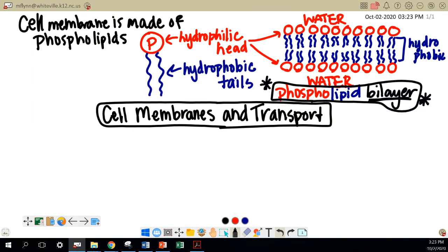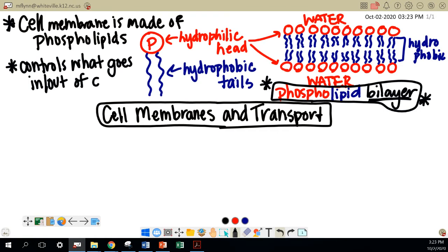Okay, and what the cell membrane does, so the cell membrane is made of phospholipids, and it controls what goes in and out. So all cells have this because all cells, it's important that they're able to regulate what's going in and out of the cell. Okay.